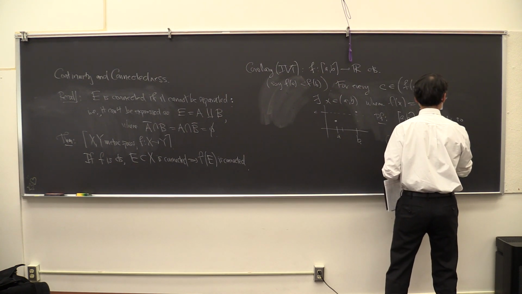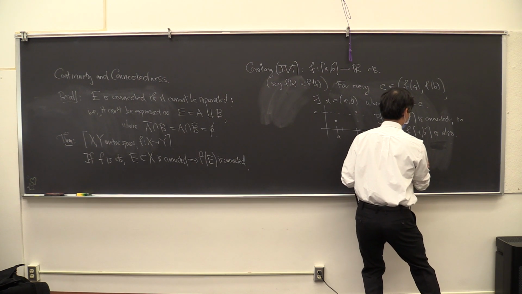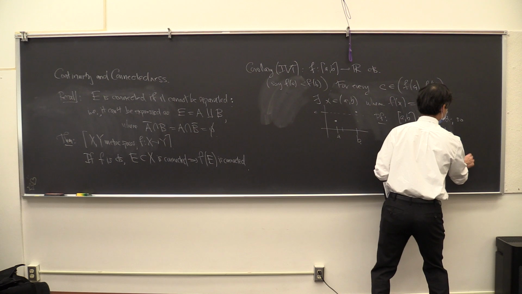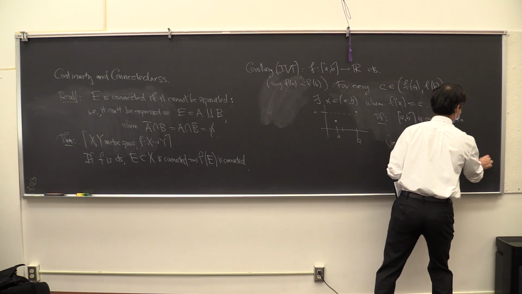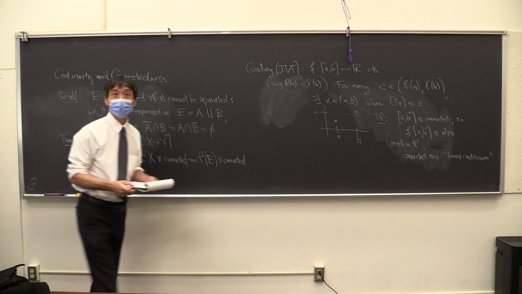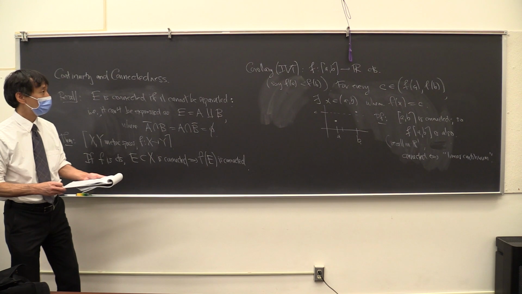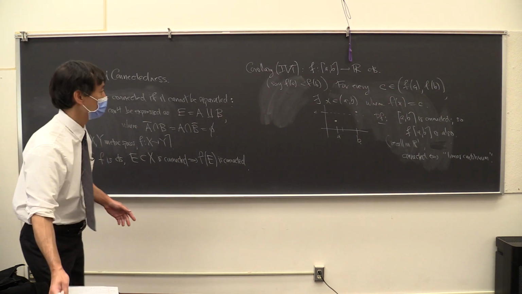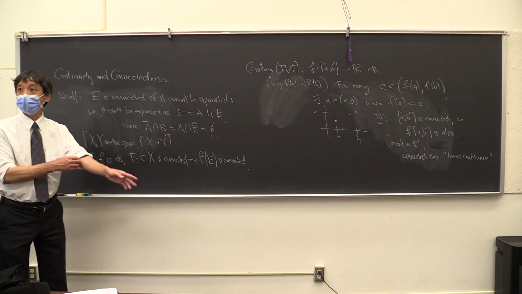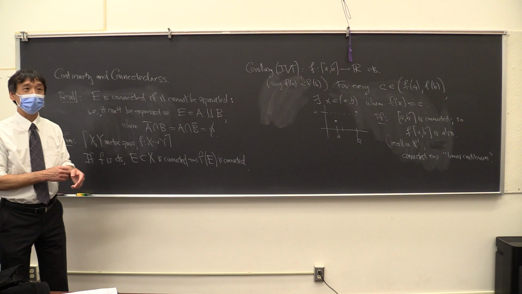So connected basically gives you this linear continuum property. So that just immediately follows from this fact about the continuous image of a connected set.